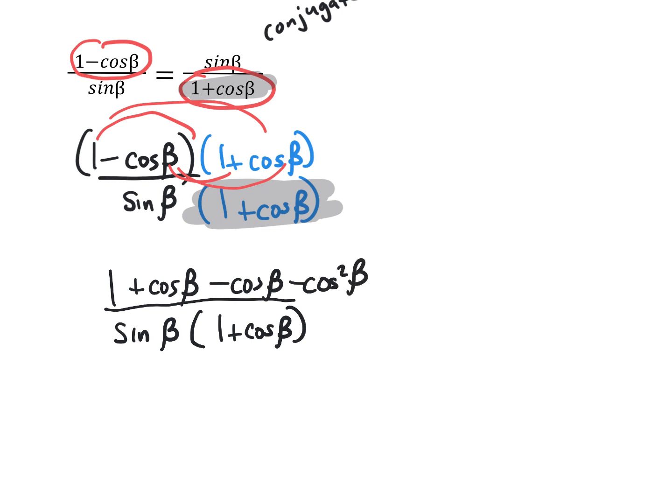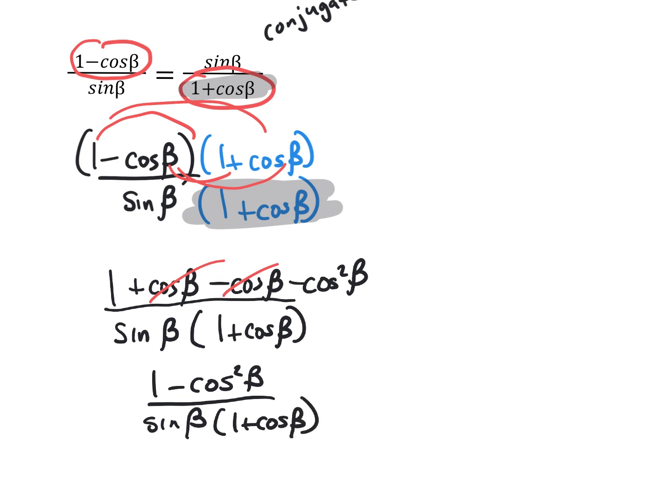Anytime you have two binomials, you'll just FOIL. So what we'll end up with, these will cancel. On the top, we'll get 1 minus cosine squared beta over sine beta times 1 plus cosine beta.